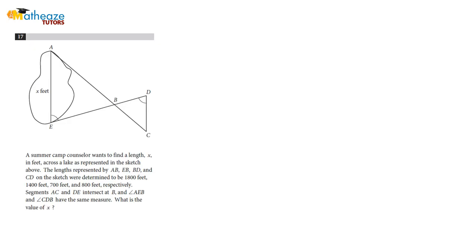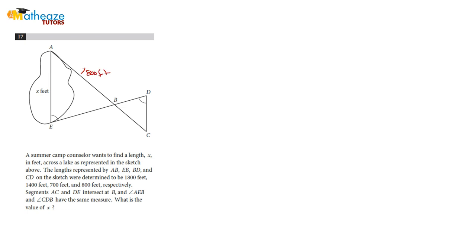So this question here: a summer camp counselor wants to find the length x in feet across a lake, as represented in the sketch above. The lengths represented by AB, EB, BD, and CD on the sketch were determined. AB is 1800 feet.